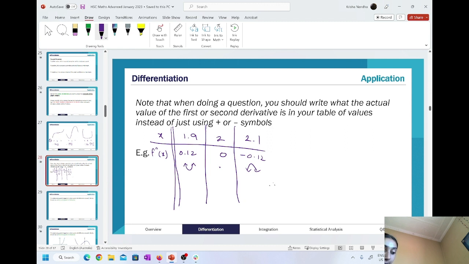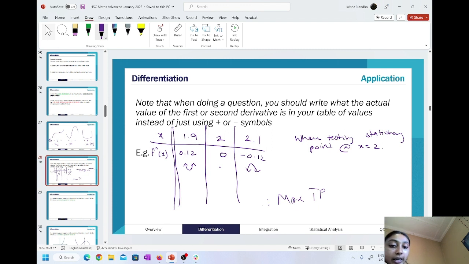This is for an example where we're testing a stationary point at x is equal to 2. This is just a scenario, by the way. I'm not using any specific numbers.